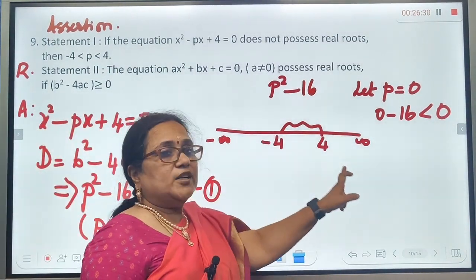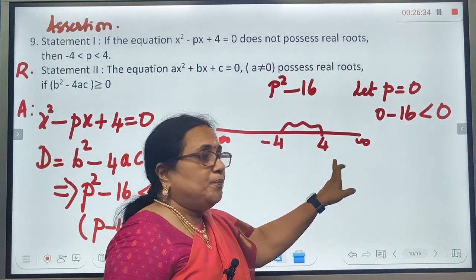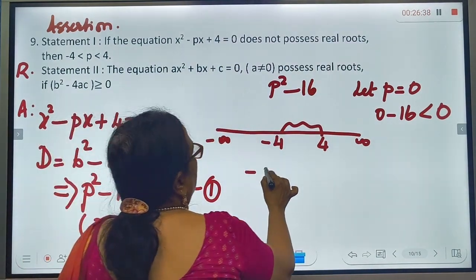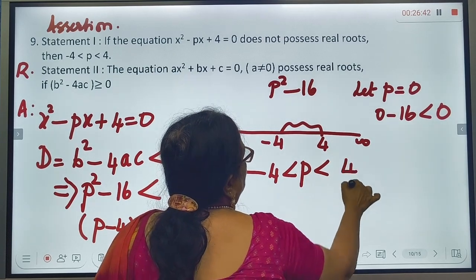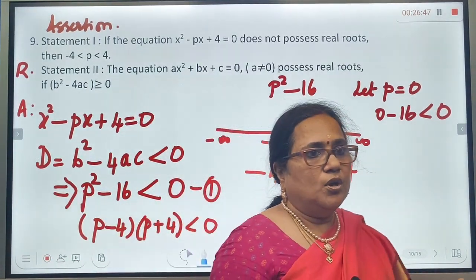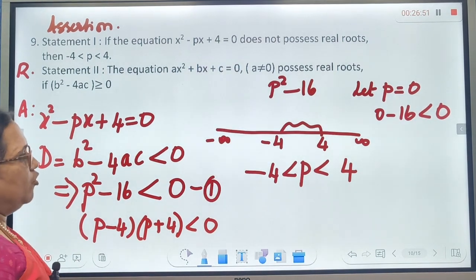But it can't include minus 4 and 4, because if I put p equal to minus 4 or 4, p square minus 16 is equal to 0. So it is strictly minus 4 less than p less than 4. If p square minus 16 is less than 0, then minus 4 less than p less than plus 4.